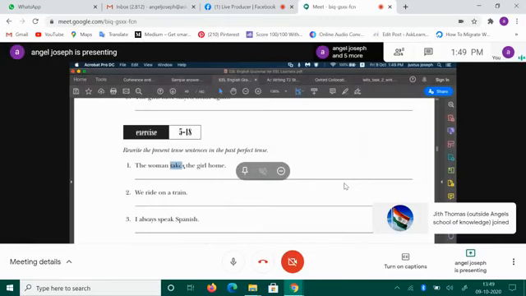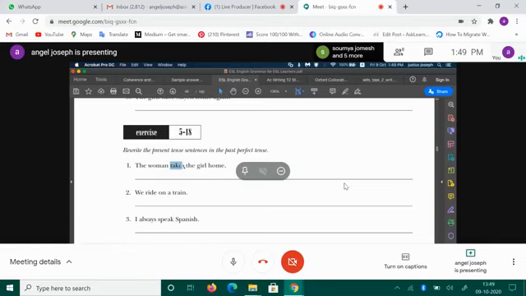By looking at the verb, take. Verb is action. In Hindi we call it kriya. The verb is take, and it's in the simple present form, and that's why we have used takes.